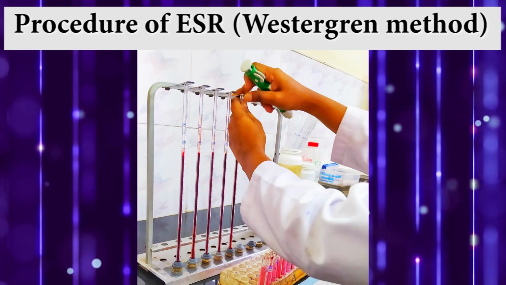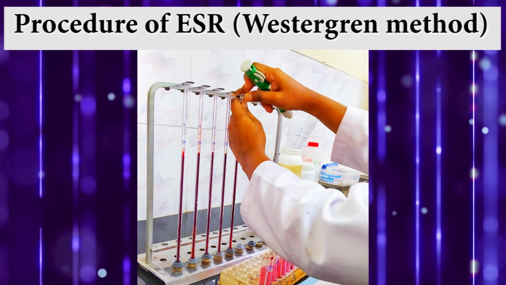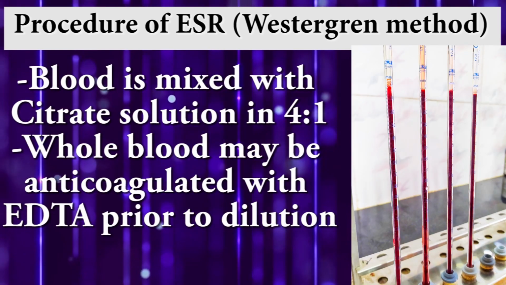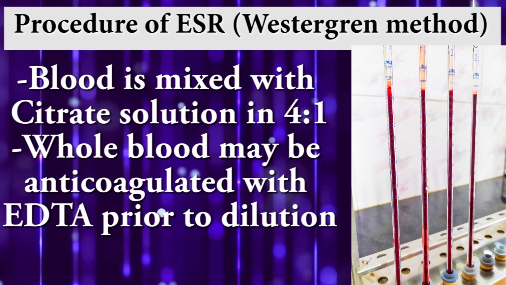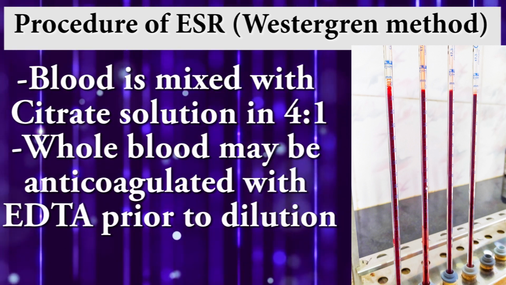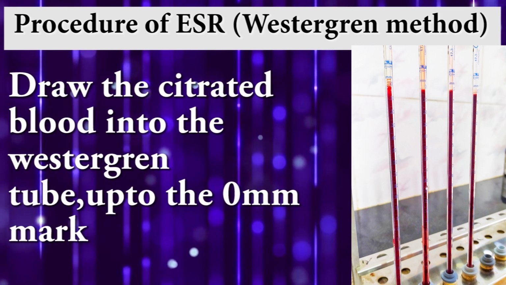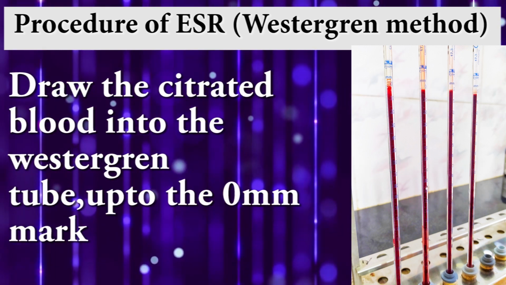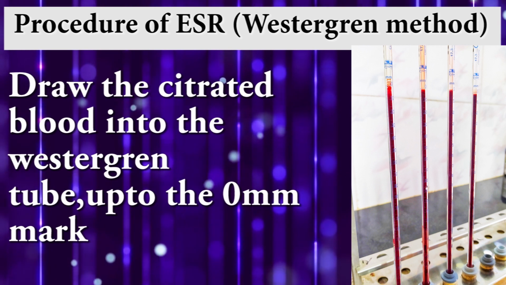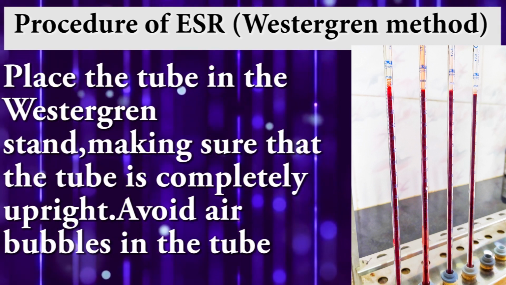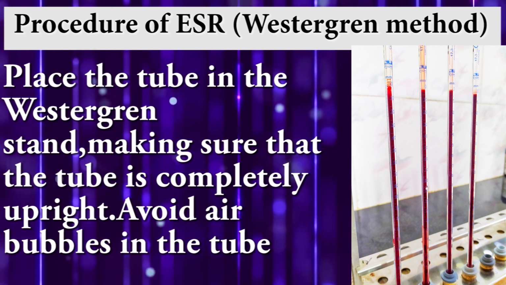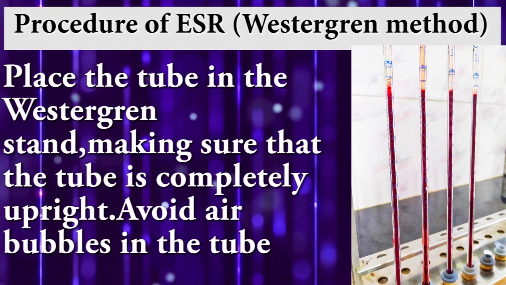Procedure of ESR, Westergren method. Blood is mixed with citrate solution. Whole blood may be anticoagulated with EDTA prior to dilution. Draw the citrated blood into the Westergren tube up to the 0 mm mark. Place the tube in the Westergren stand, making sure that the tube is completely upright.